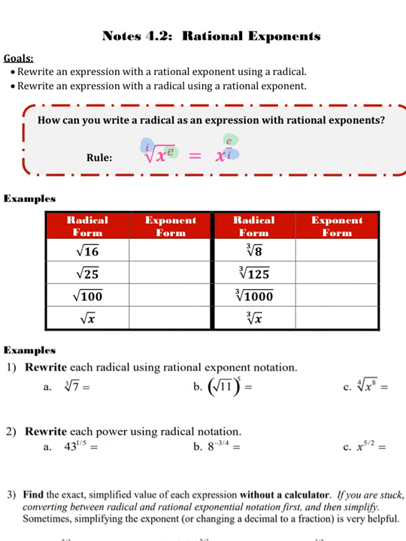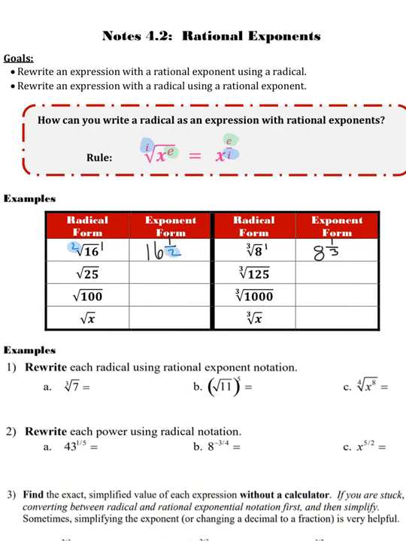And what you want to look for is, again, creating that fraction where you have the exponent on top over the index. So if we take a look at some of the examples below, notice in my first example I have a square root of 16. So the base number, the 16, has stayed the same, and I'm going to highlight that index of 2 because it's a square root.